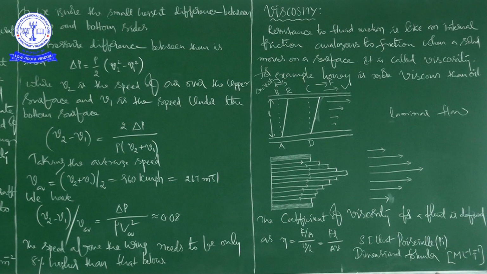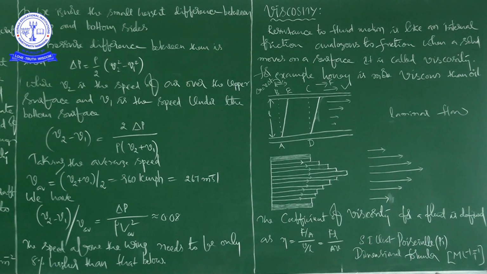Unlike a solid, the stress is found experimentally to depend on the rate of change of strain, or strain rate, that is delta x by L into delta t, or V by L, instead of strain itself.